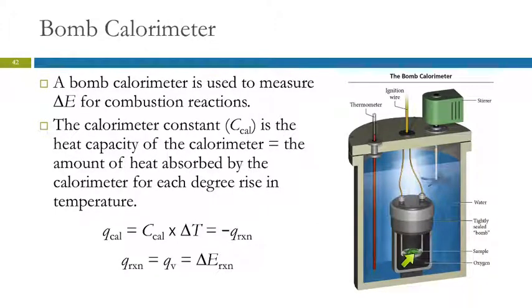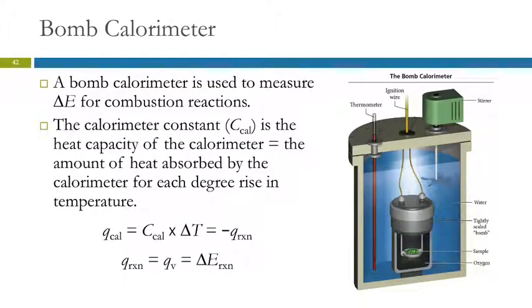As that occurs, this is a tightly sealed container. The volume is not allowed to expand, and so all of the energy goes into a change in temperature as heat. So the heat leaves and goes into the water surrounding it in this bomb calorimeter. This is the outer part, and it's very well insulated so that we're not going to lose any heat from this water.